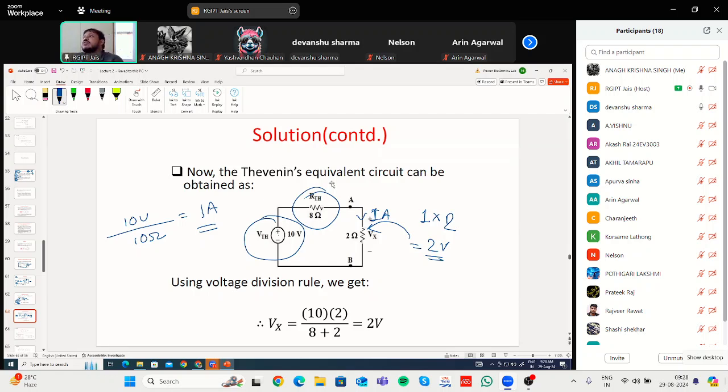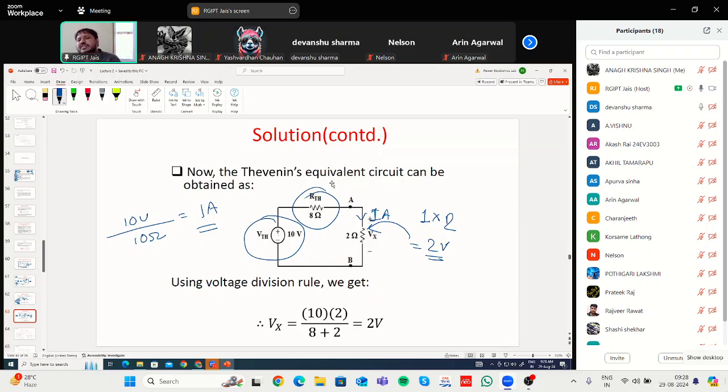Next, you are trying to find VTH. Third step, to find RTH, you first have to deactivate any kind of source. If it is a voltage source, you replace it with a short circuit. If it is a current source, you replace it with an open circuit. This is the second step.